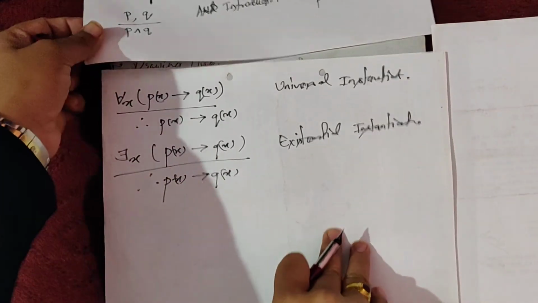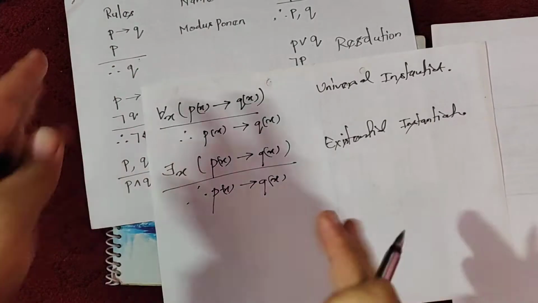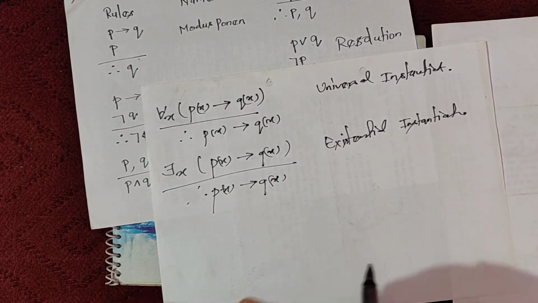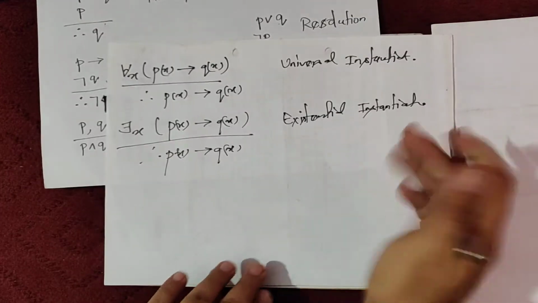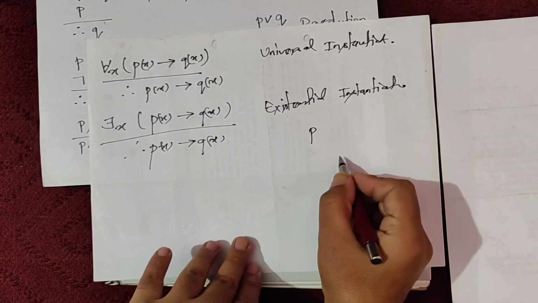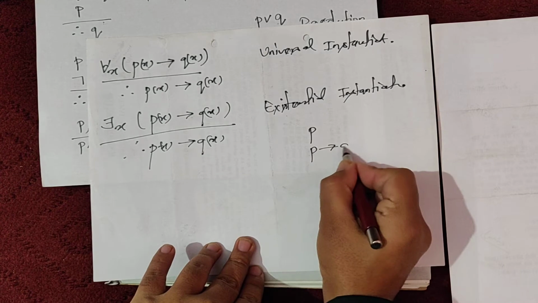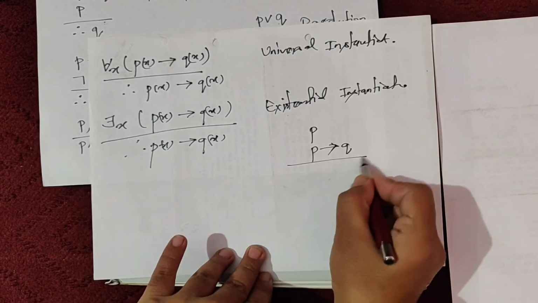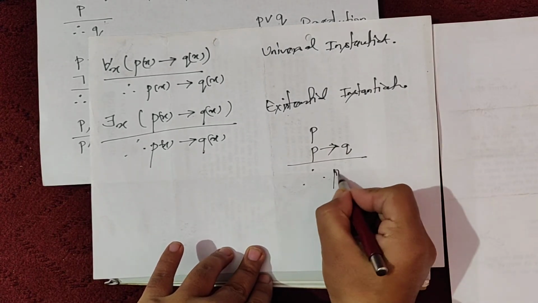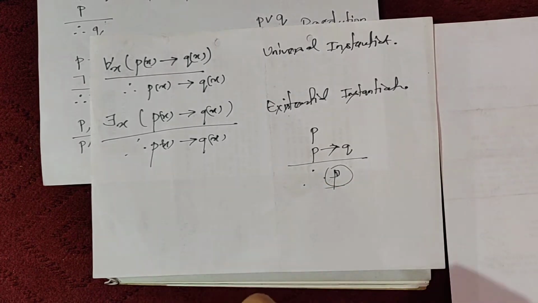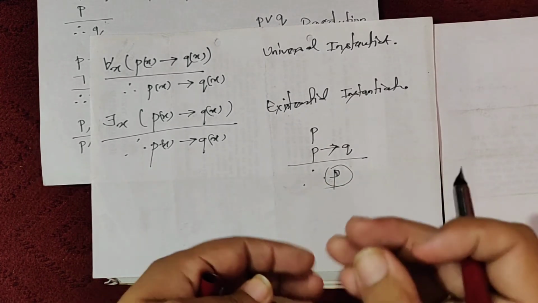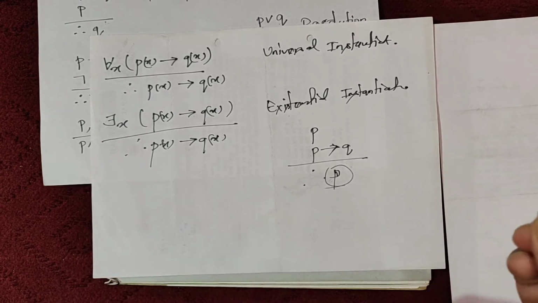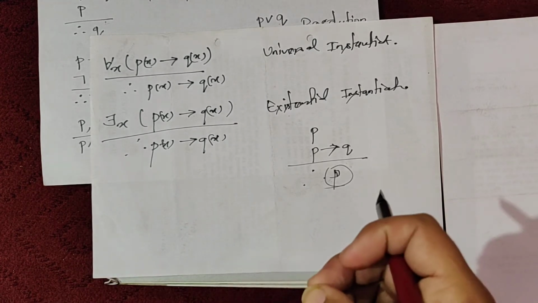So these are the rules of inference which we use in proving techniques. So if P is given and P implies Q is true for a certain statement, then we can directly write the conclusion. We will be using these rules to prove or derive conclusions.